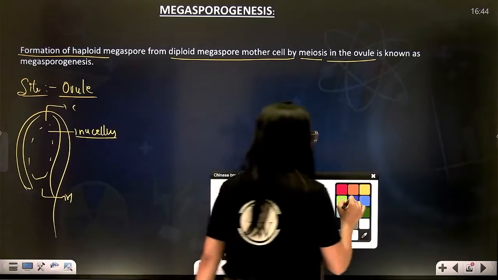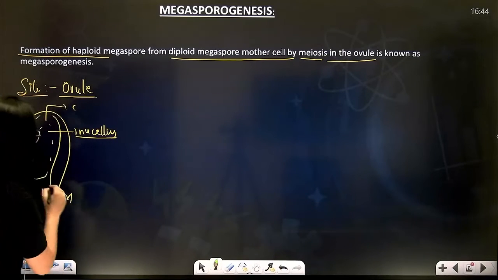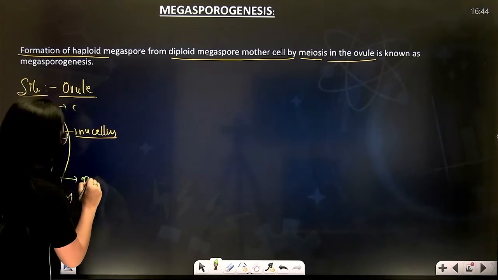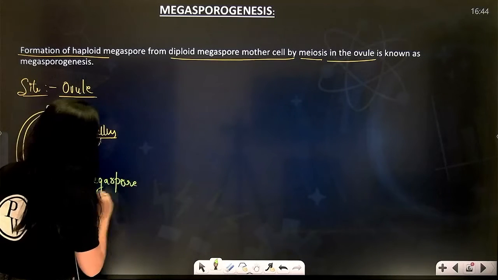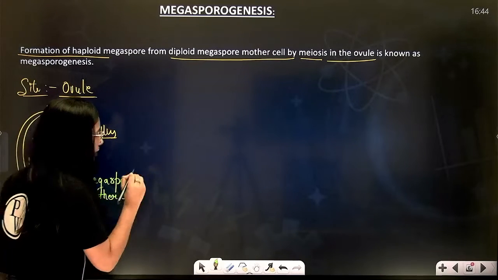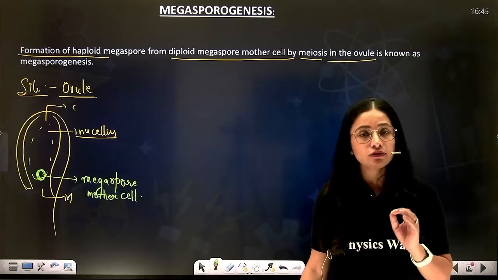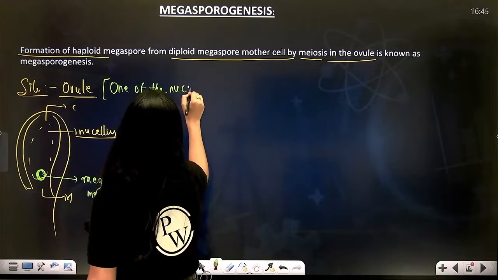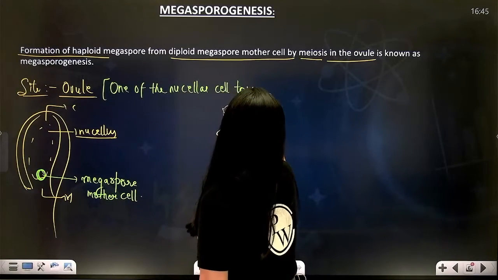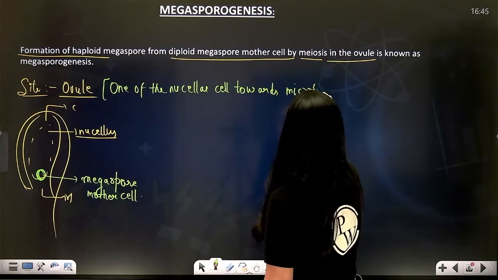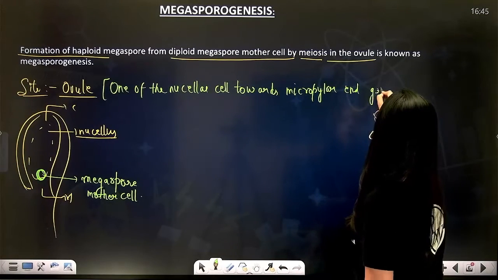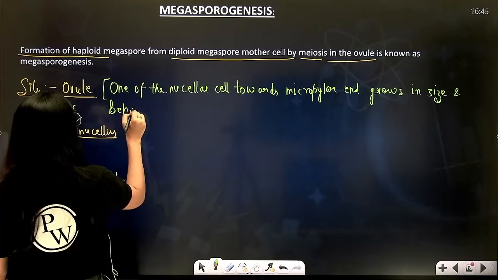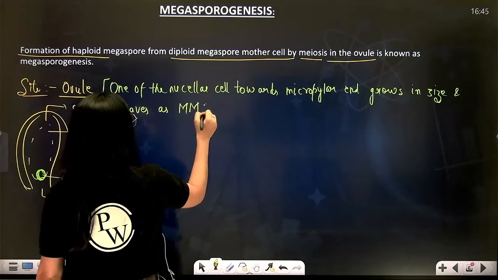Within the nucellus, one of the cells of the nucellus towards the micropylar end grows in size and starts behaving as a diploid megaspore mother cell.